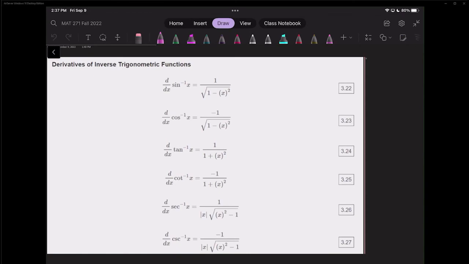We have arcsine, arccosine, arctangent, arccotangent, arcsecant, and arccosecant. Or you could call these inverse sine, inverse cosine, inverse tangent, inverse cotangent, inverse secant, inverse cosecant. And we'll work some examples of problems for these on Monday.